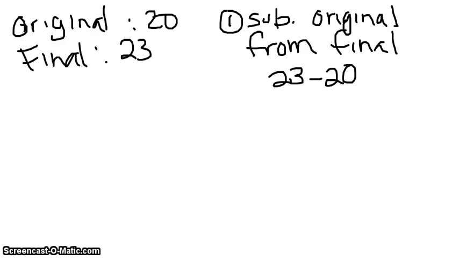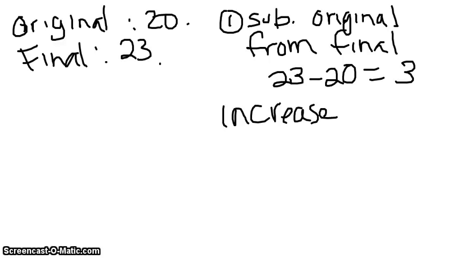So it's going to be 23 minus 20, which is going to give us a positive 3. So since it comes out to be positive, this is going to be an increase. I could also look and see that my final is bigger than my original, so it's going to be an increase. Either way, this is an increase. And we are going to use that 3 now.